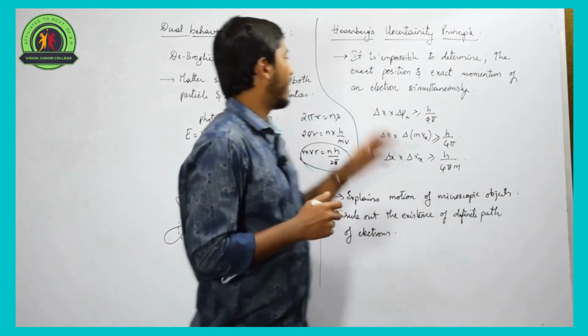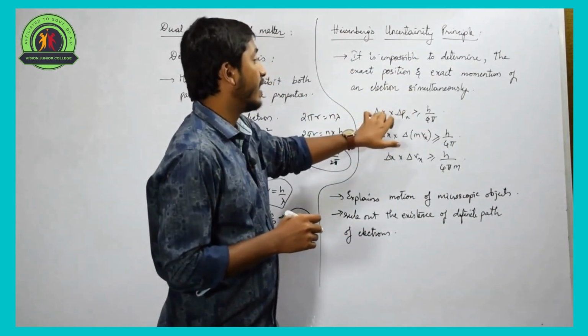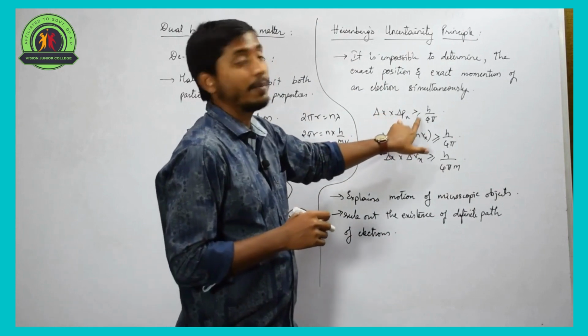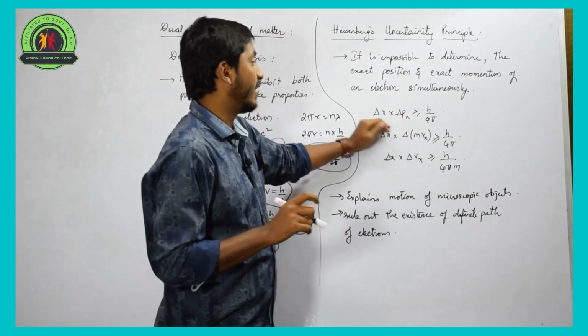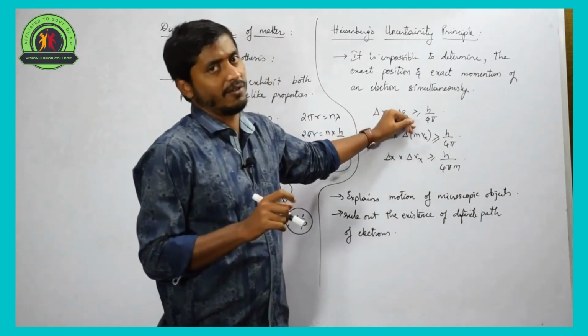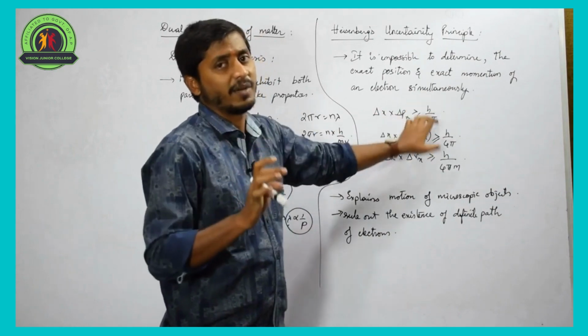Is that clear? If it has a particular mass m, he always tells that the position and the momentum cannot be found out at a particular time, which means either this can be found out or this can be found out, right. That is why the product is always greater than h by 4 pi.